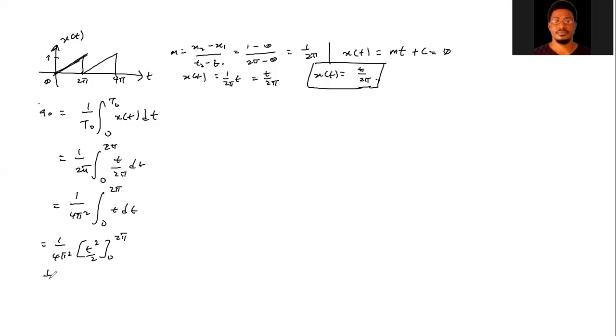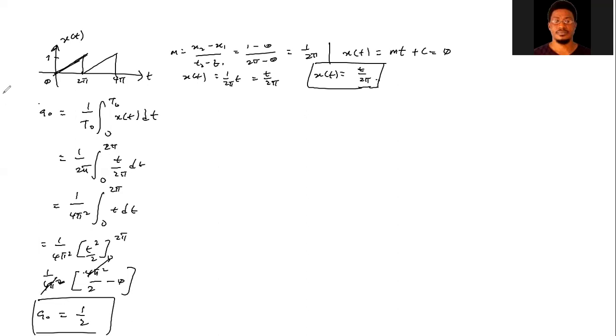So we have 1 over 4 pi squared into bracket, 2 pi squared will be 4 pi squared over 2 minus 0. Yeah. So this strikes this out. So A naught is the same as 1 over 2, right? So we are done with that.